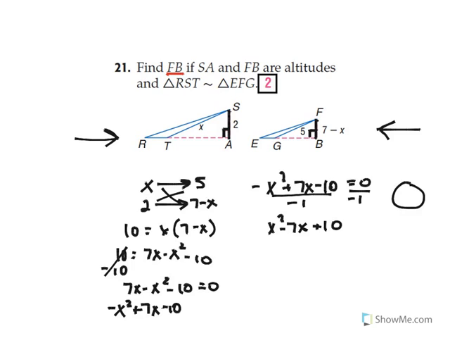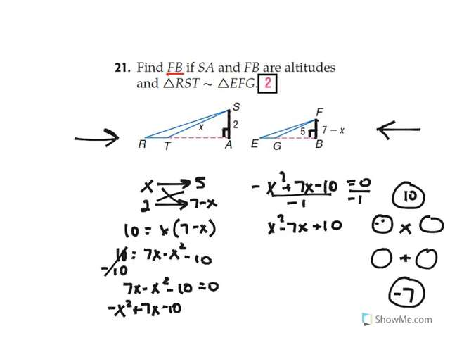Let's factor this. I put a times c up top. A is 1, c is 10. 10 goes up top. B is negative 7. What are the factors of a times c that add up to negative 7? They are negative 5 and negative 2. This moves down here. This is what our b term is split up into.